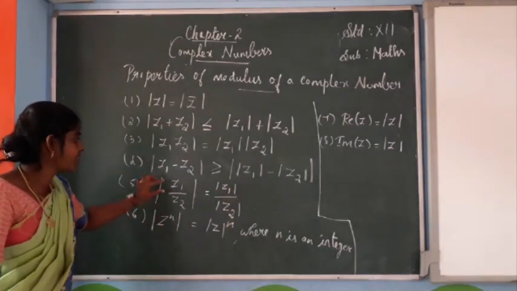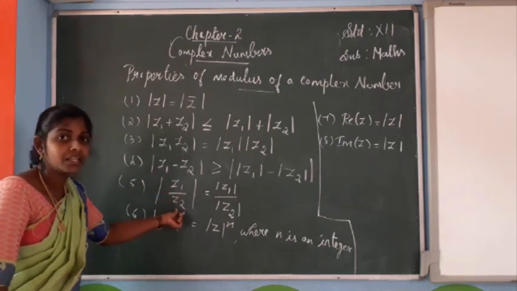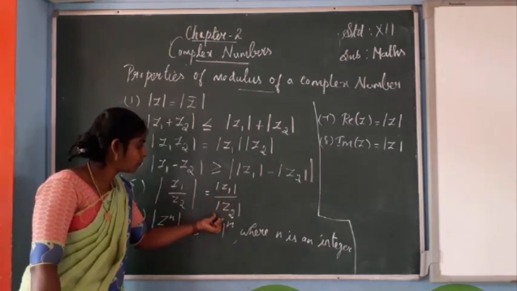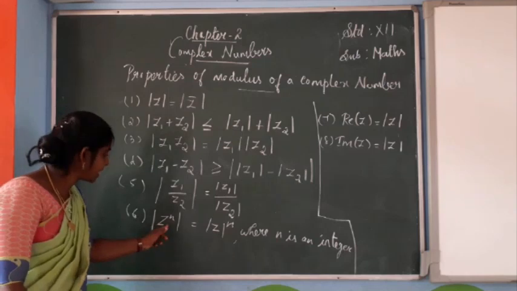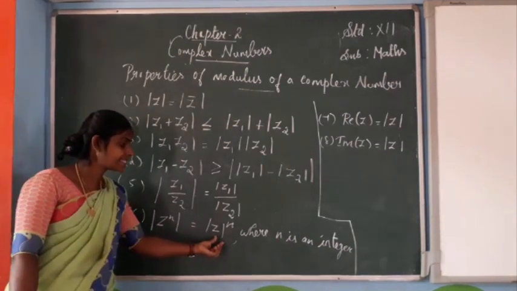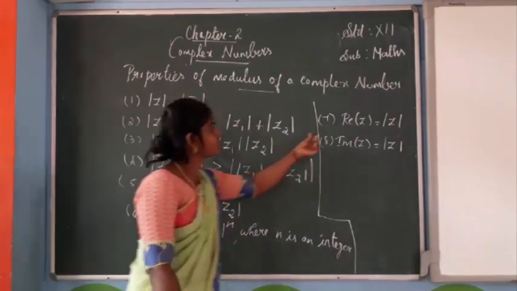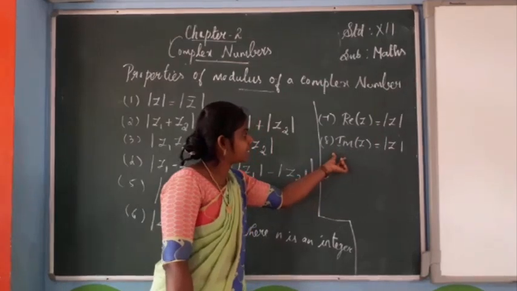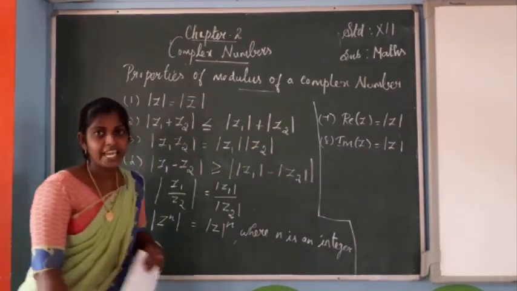Modulus z1 divided by z2 is equal to modulus z1 divided by modulus z2. Modulus z power n is equal to modulus z the whole power n, where n is an integer. Real part of z is less than or equal to modulus z, imaginary part of z is less than or equal to modulus z. Let us see an example.